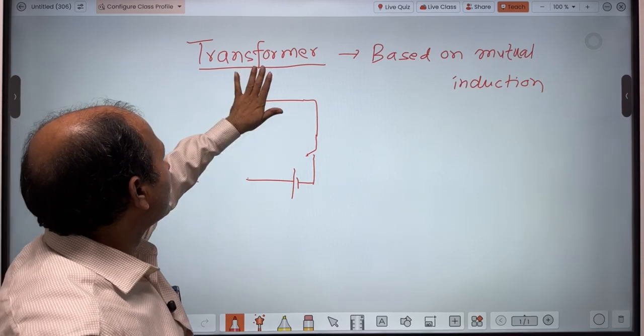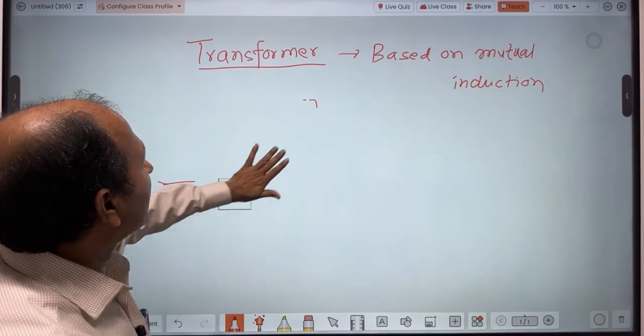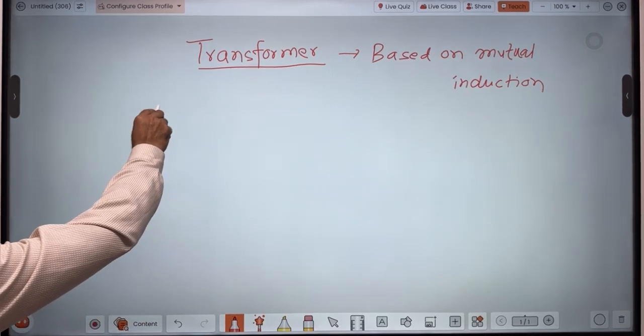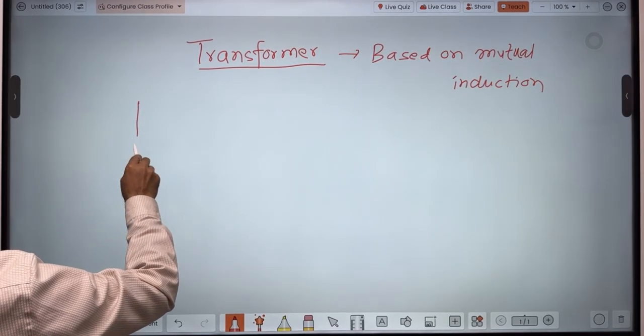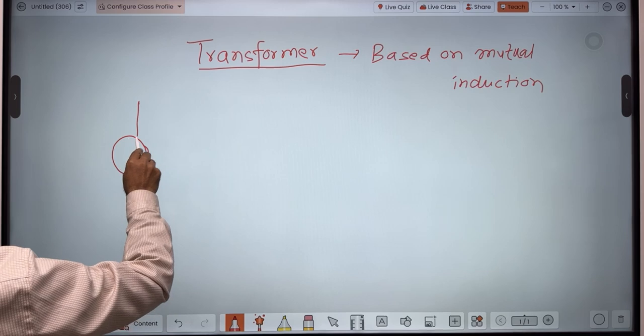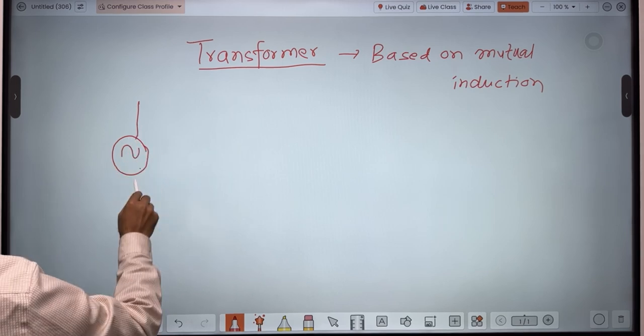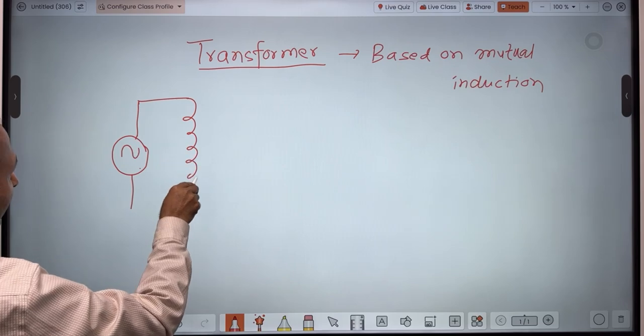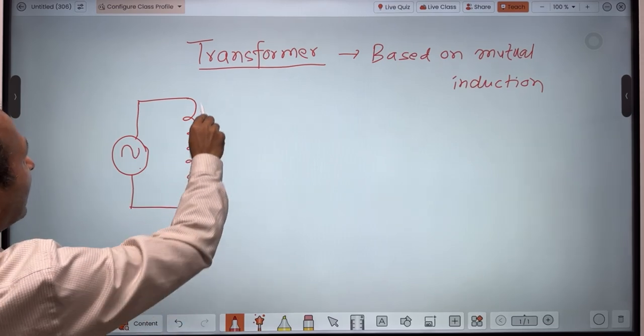So let's see the types of transformer and other related facts. In case of transformer, here there is AC source, this is primary coil, right?